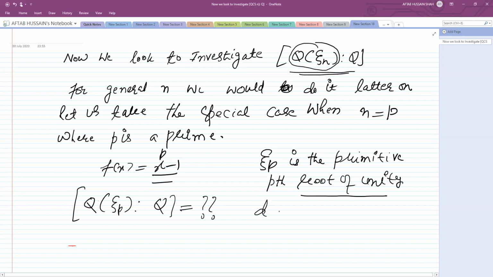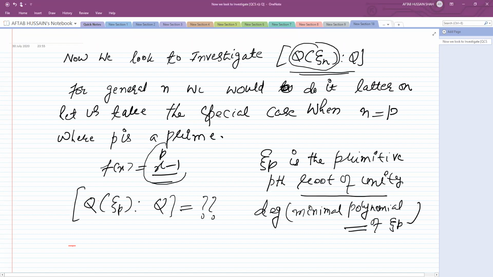It is actually the degree of the minimal polynomial of zeta_p. And we know that a monic polynomial is a minimal polynomial if and only if it is irreducible.